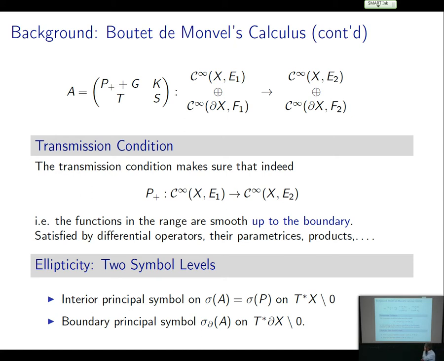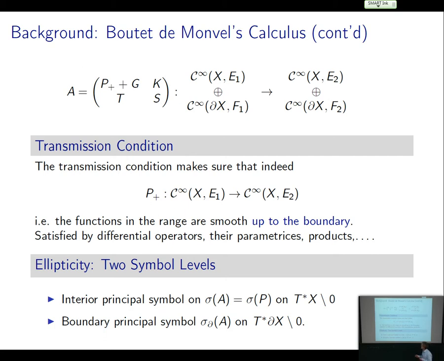So what I should also mention is that ellipticity in the Boutet de Monvel algebra is characterized by 2 symbol levels, as you might know from boundary value problems. Classically, you have the interior ellipticity of the principal symbol, which in this case really is just the principal symbol of P. So it lives on the cotangent bundle of the full manifold, and it's supposed to be invertible up to the boundary. You all know that from the Laplacian, something like this.